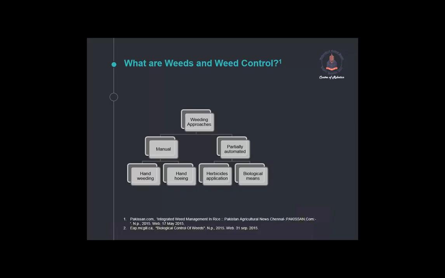Then we have the partially automated solution, in which we use herbicides or some biological means, which means genetic modification of seeds or soaking the seeds in some sprays and then seeding them. All of these methods have their disadvantages.